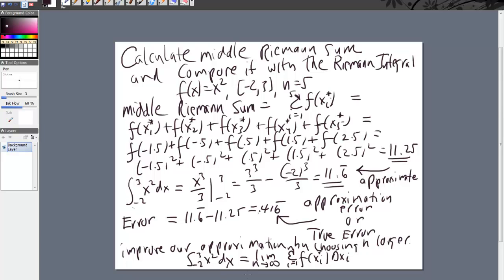So again, what this equation means is that you can make the approximation on the right-hand side as close to the integral by simply making n sufficiently large.